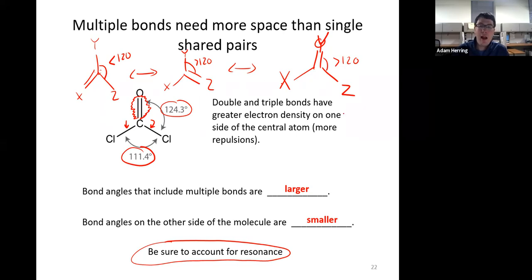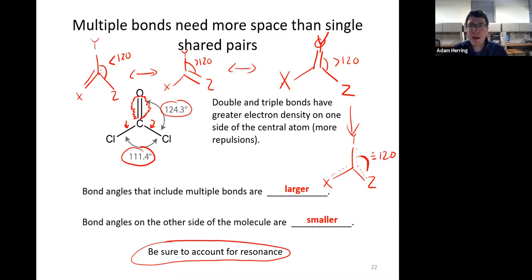In the same way that the real structure is a melding and averaging of the resonance forms, the real bond angle is going to be depicted, as we've got here, with our dotted lines indicating partial bonds. Our real bond angle is going to be exactly 120.